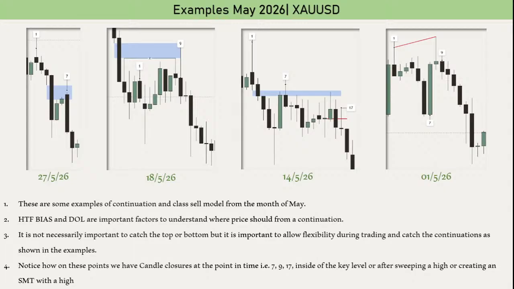So notice how at these points we have candle closures at the point in time that is 7, 9, 17 as shown in these examples, inside of the key level or after sweeping a high or creating an SMT with a high. So protected highs are created inside a fair value gap or IRL, or after sweeping an old high, or after creating an SMT with an old high.